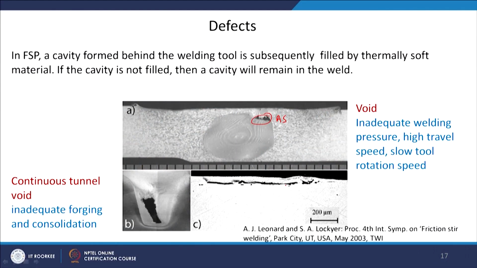Some defects can also come on the surface. You can see a long cavity just below the shoulder. But with a sufficient amount of work, people have found out how to remove these defects, so they can be easily worked out.